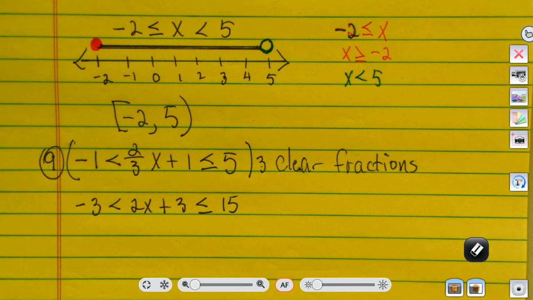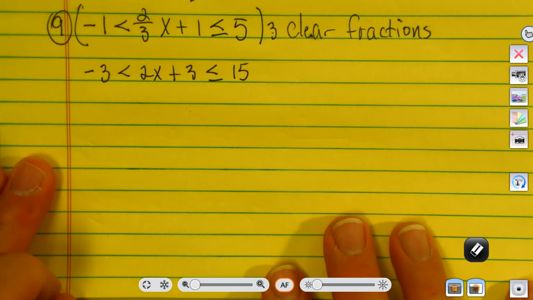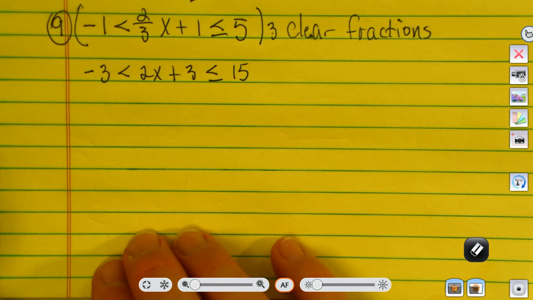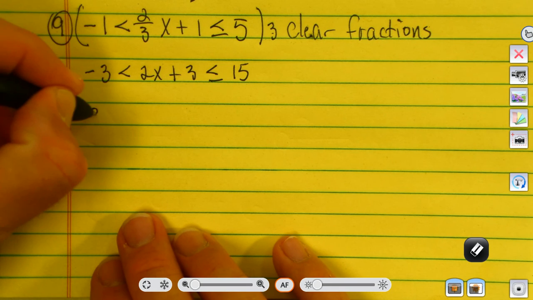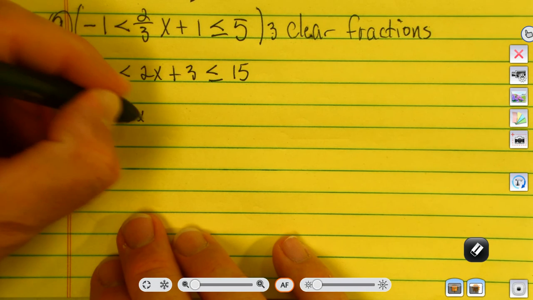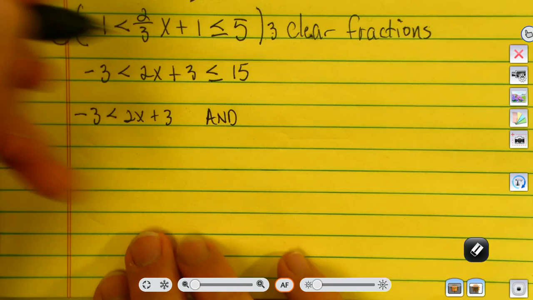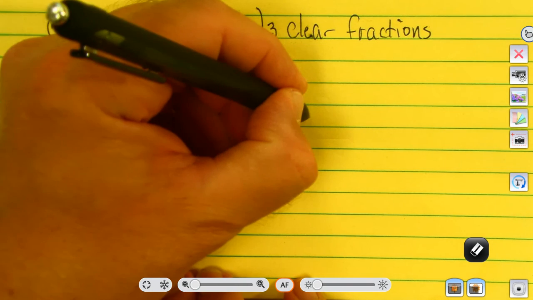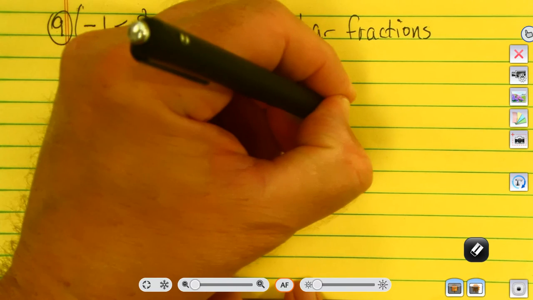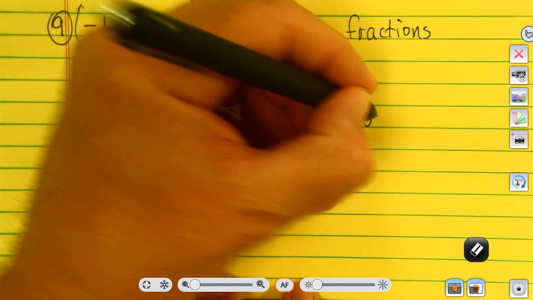Now, I've gotten rid of the fraction. That's by far the first thing I always want to do. I'm going to break it into halves. -3 is less than 2x plus 3, and 2x plus 3 is less than or equal to 15.